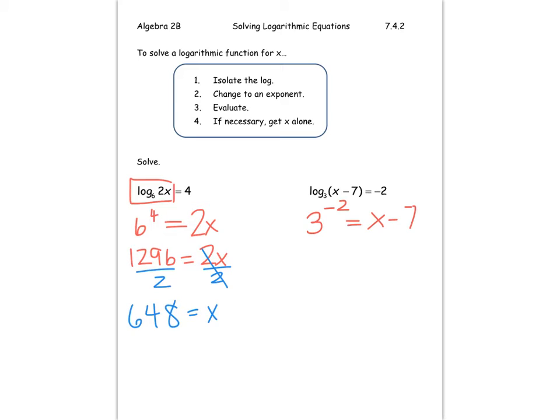Remember, a negative would change a 3 into a 1/3, so this is really 1/3 squared. So it turns into 0.111, 1/9. That's repeating, so I'm just going to write the first 3 ones. And then I need to get x alone, so I'll add 7. So 7.111 will equal x.